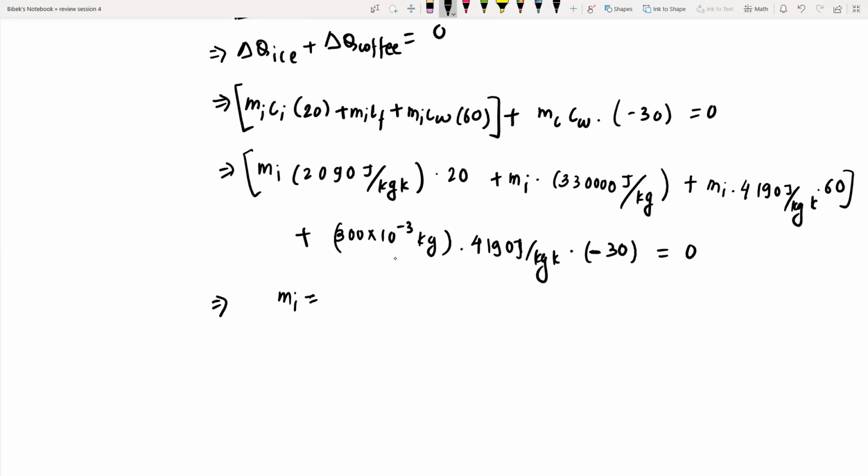This will be equal to 0.06 kilograms, which is equal to 61 grams. You can leave your mass in kilograms, but just to have a better understanding of the order of magnitude, I will keep it in grams.